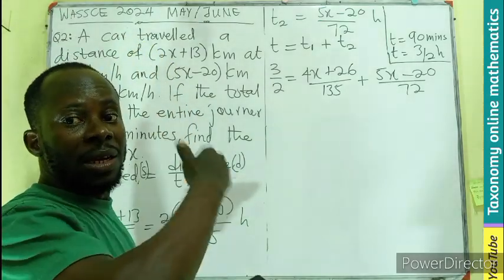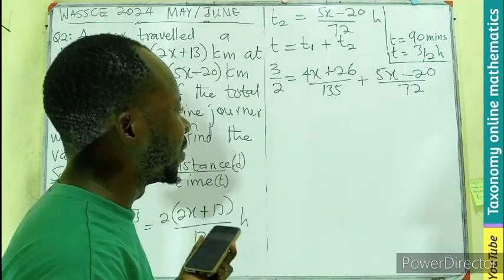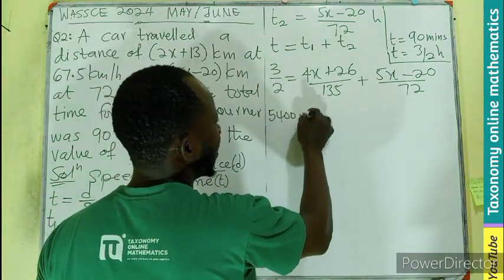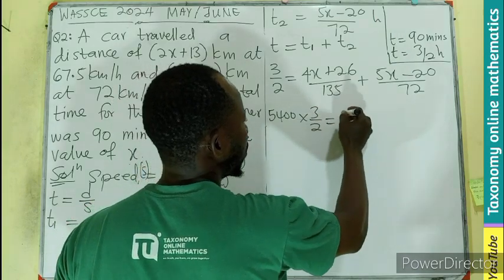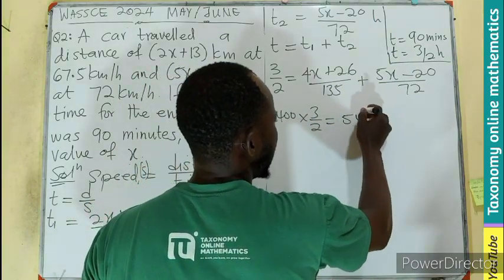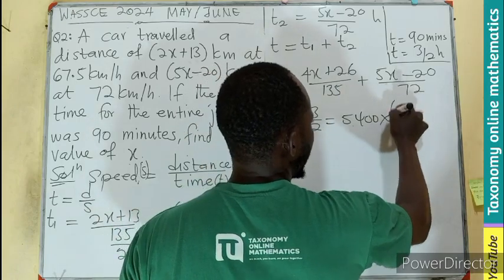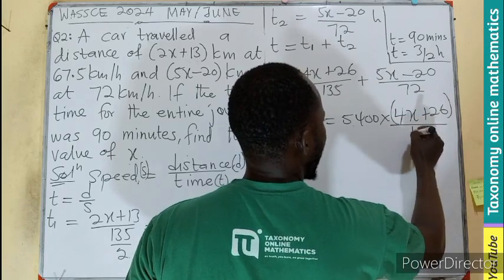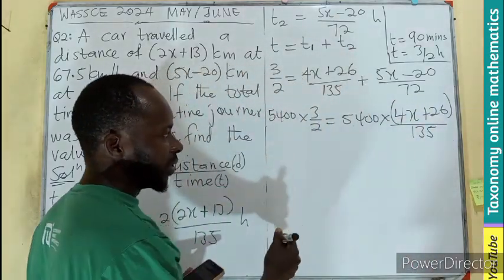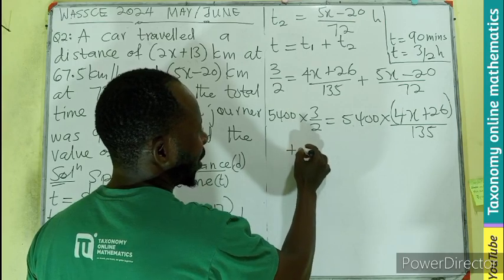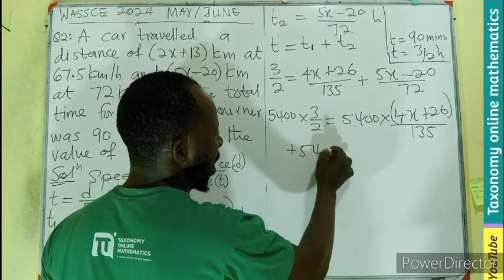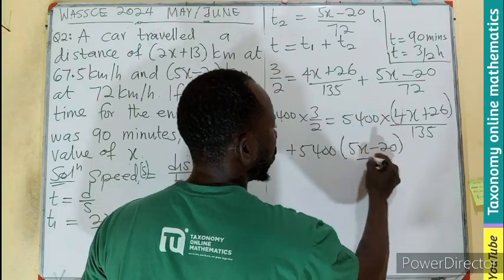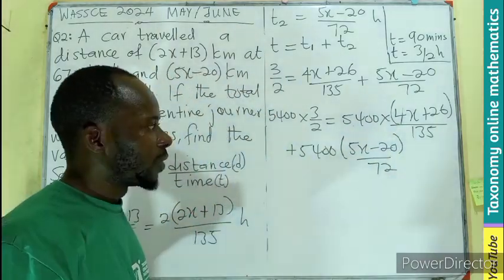So we multiply all the parts of the equation by 5,400: 5,400 times 3 over 2, plus 5,400 times (4x plus 26) over 135, plus 5,400 times (5x minus 20) over 72.